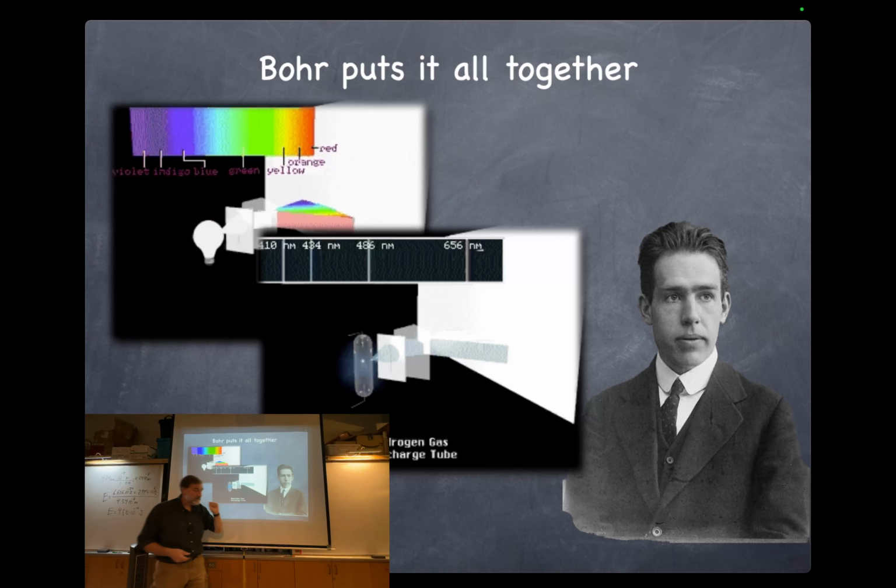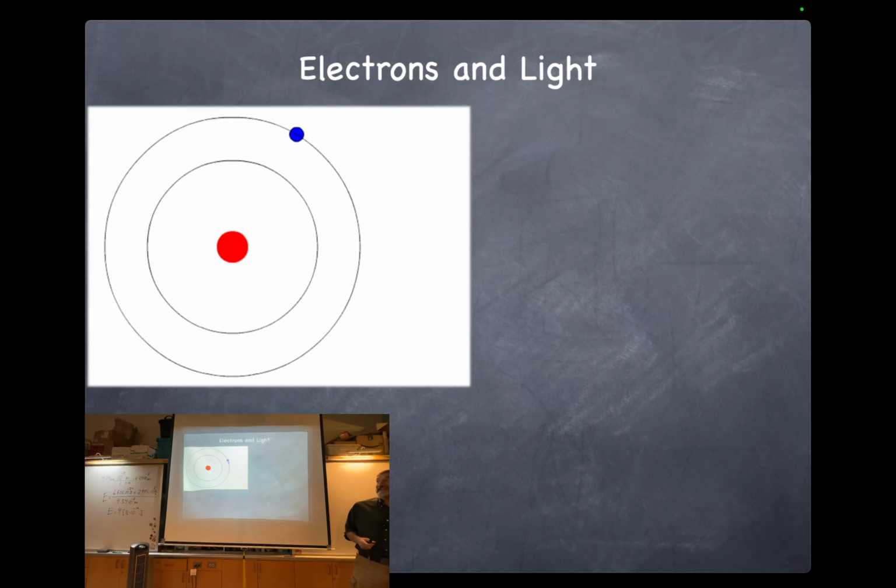What Bohr realizes is that what's happening inside the atom every time it absorbs or releases energy is that an electron is changing energy levels.